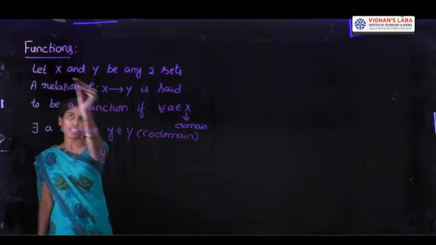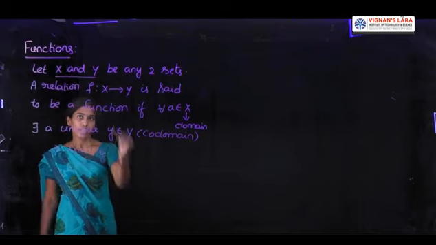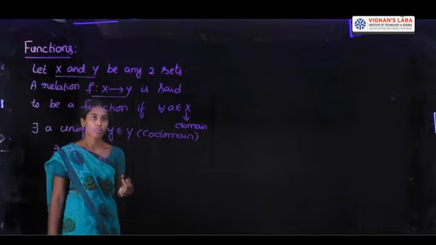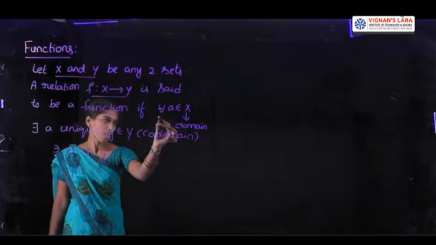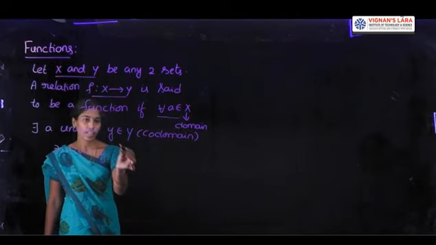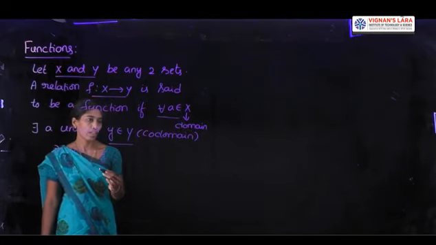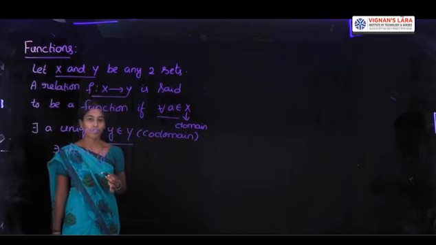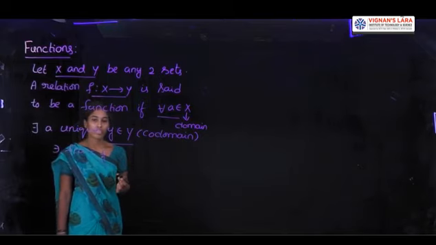Right? So here x and y be any two sets. A relation f from x to y is said to be a function if for every a belongs to x in the domain set, there exists a unique y belongs to y in the codomain set such that f of a equal to y, then f is called a function.